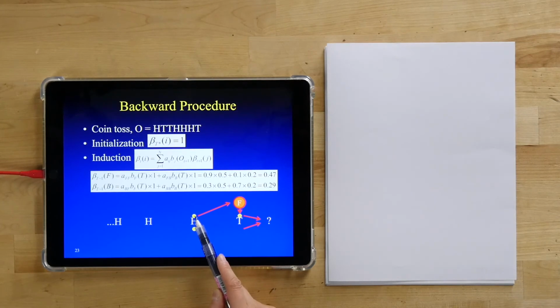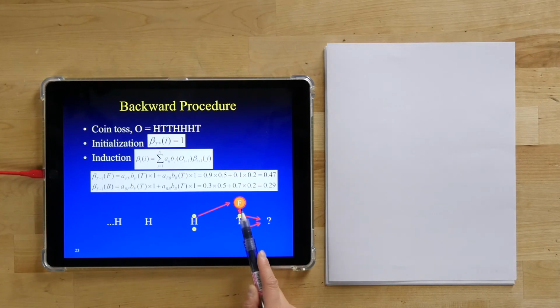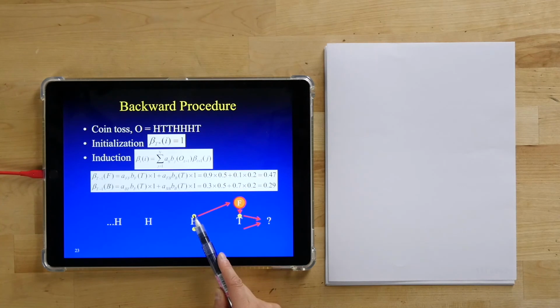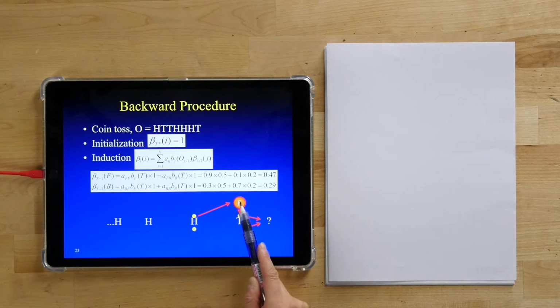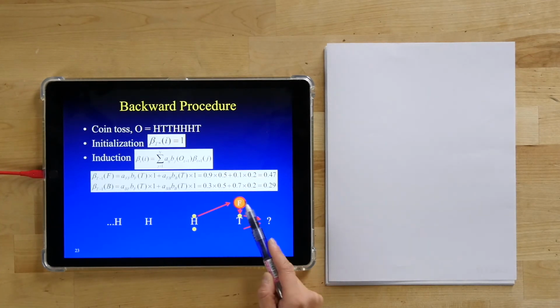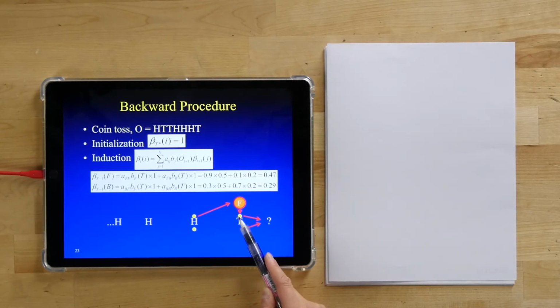So in order to estimate this yellow dot, I'm saying, okay, now I'm using a fair coin. But in order to see the coin flip after that, there are two possibilities. One is I am using fair coin now, but the next one I'm going to use a fair coin. And from that fair coin, I flip a tail, and then from then on, I will inherit this yellow dot to get everything afterwards.